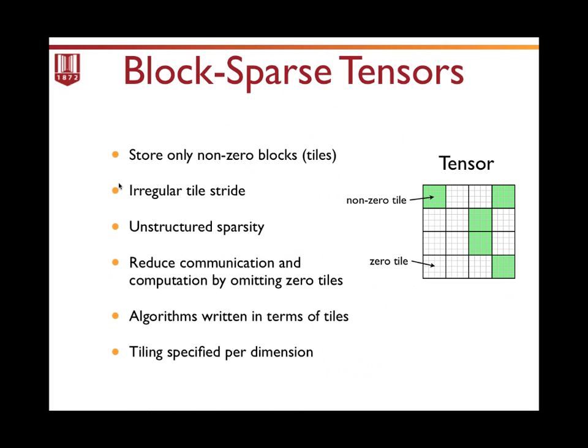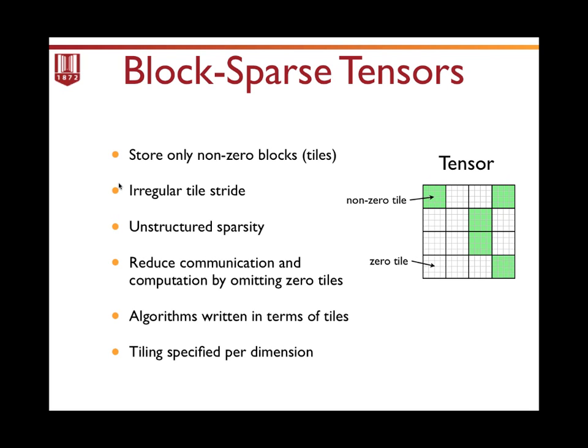So for our work, we want to try to do block sparse. And the reason we want to do block sparse is because the data that we're working with in our problems tends to be clustered. So we have clusters of non-zero data and clusters of zero data.